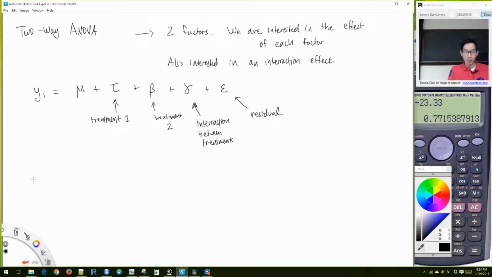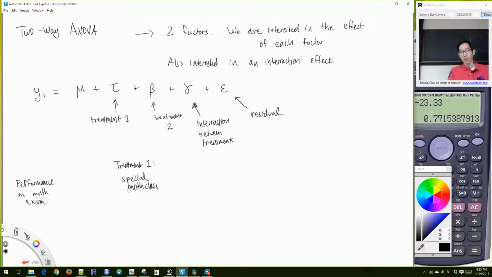So maybe we want to know performance on math exam. And then maybe in a separate study, treatment 1 is they attend a special math class. So this is treatment 1.